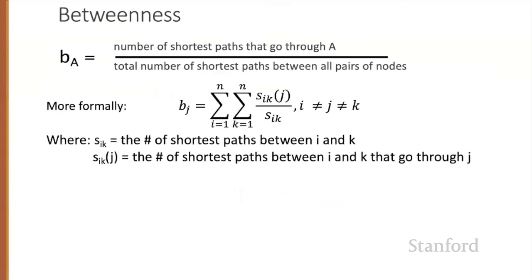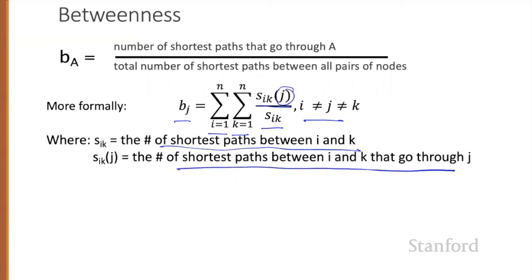So we can define B sub j, the betweenness of node j, as the sum over all pairs of nodes i and k that aren't j, of the number of shortest paths between i and k that pass through j, out of the total number of shortest paths between i and k.